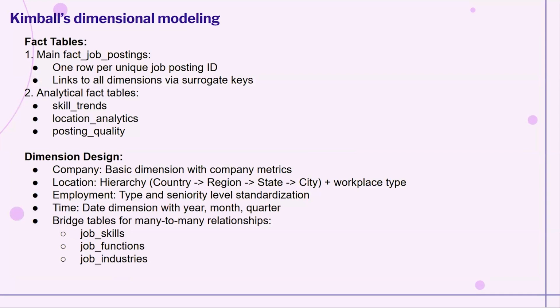So to sum up, we use a star schema, and we have 2 kinds of fact tables, the main fact tables and analytical fact tables, and the dimension design is as shown in the picture above. Next page, please.